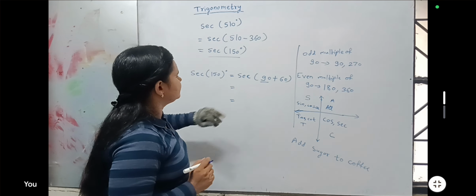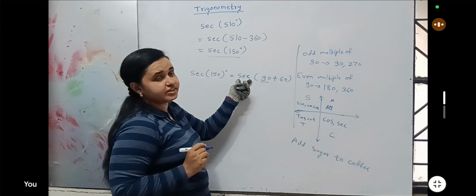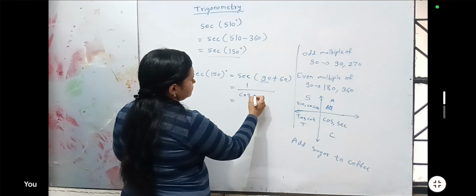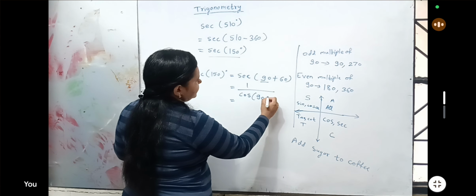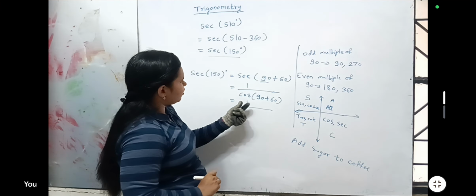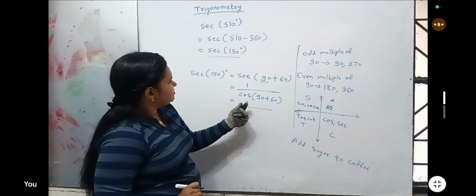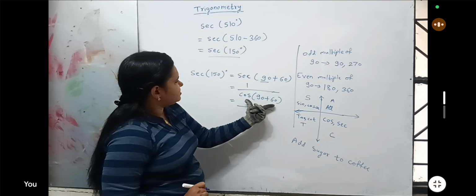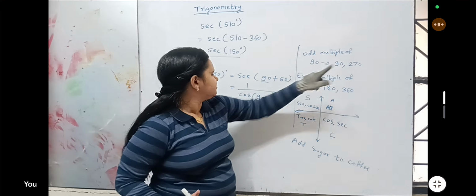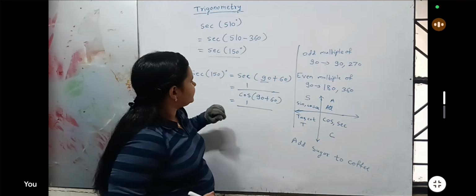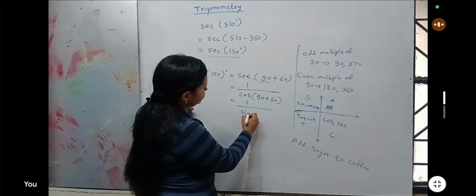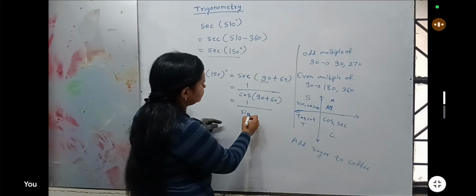Sorry. So we can write sec as 1 upon cos. So 1 upon cos of 90 plus 60. It is an odd multiple of 90, so the ratio will change. Cos will be sine.